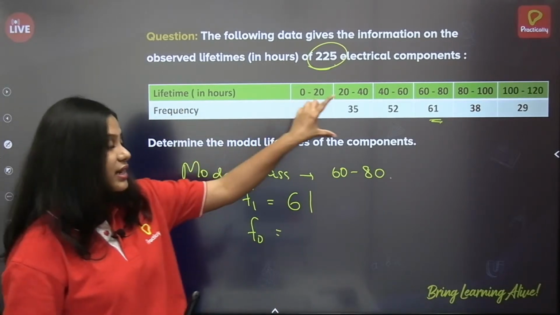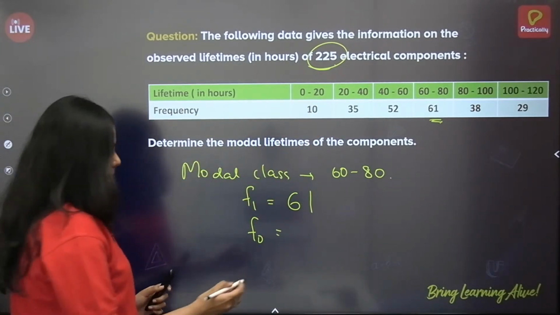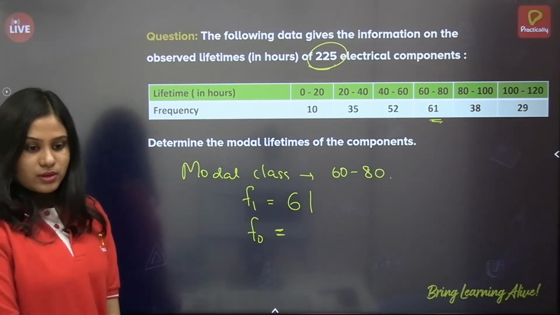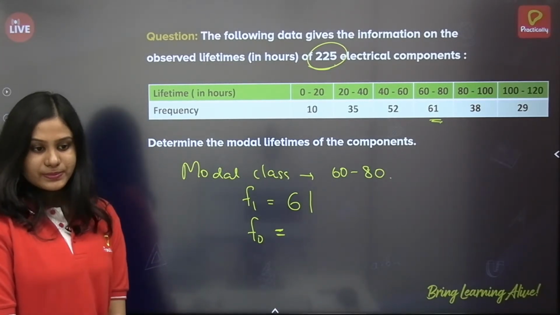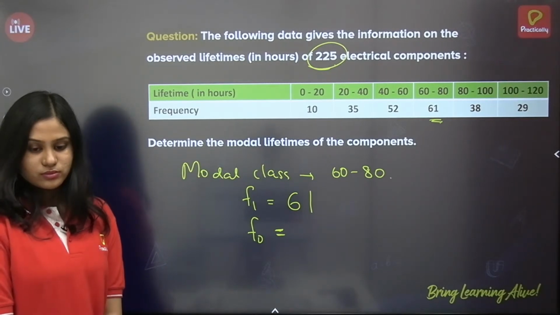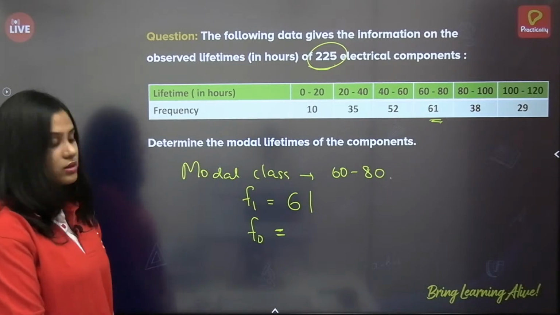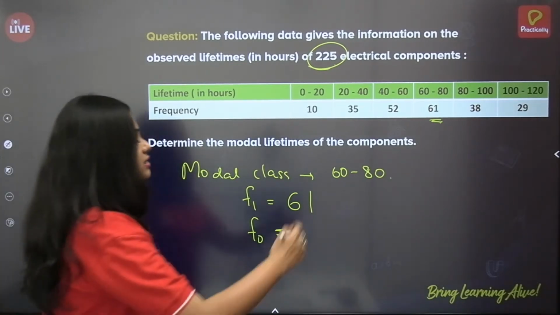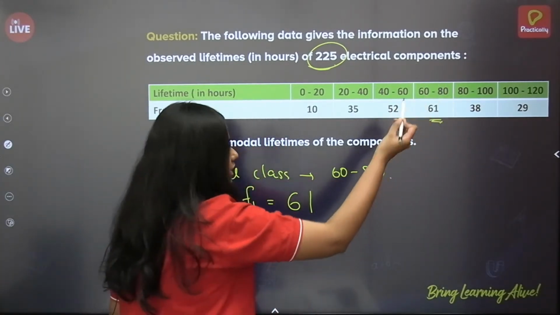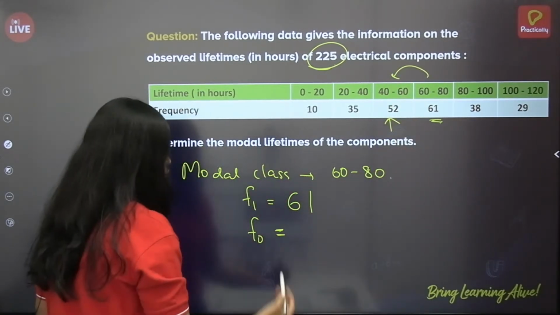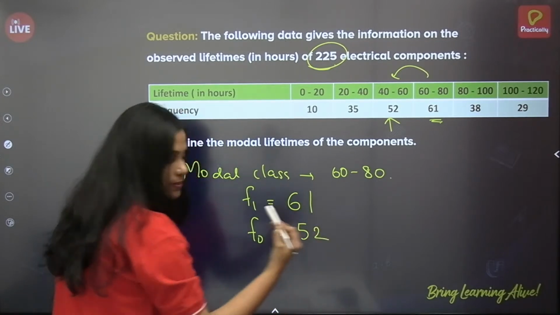Now check it and tell me what is F0. 52, correct? See, this is the modal class, 60 to 80. What is the previous one? 40 to 60. What is the frequency of it? 52. So, F0 is 52.